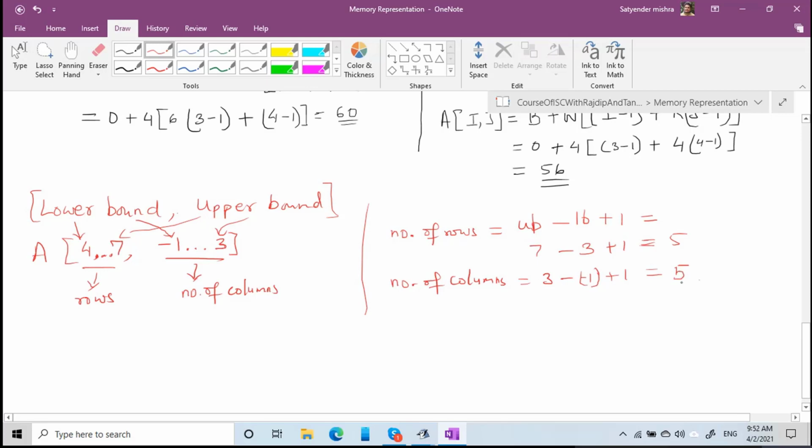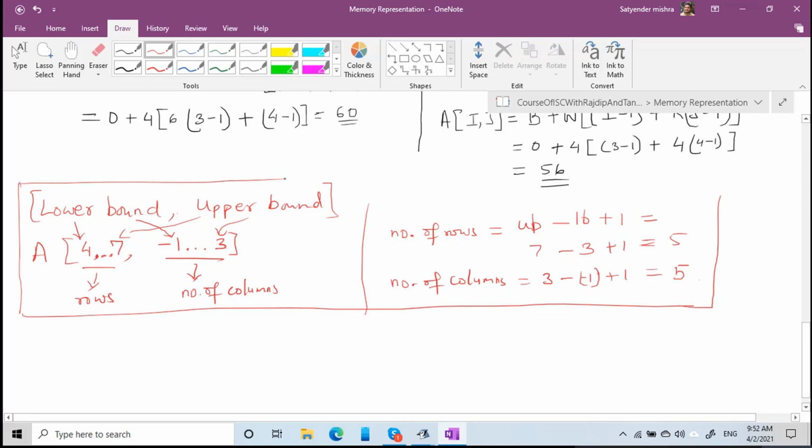But here you can see that the upper bound and lower bound of rows and columns are specified, right? So to solve this kind of array problem, we have to apply a generalized formula, right?